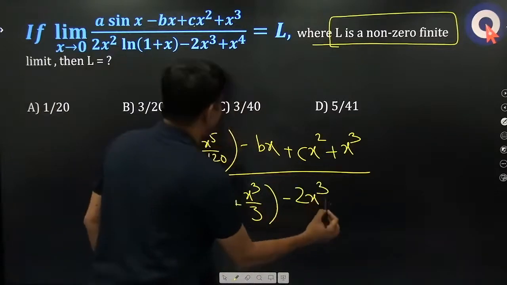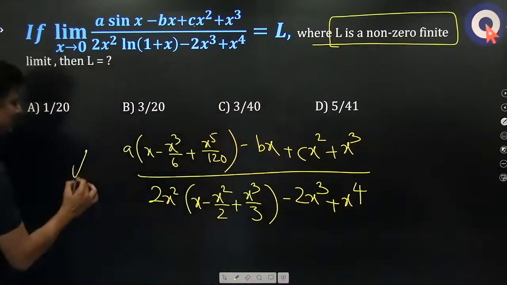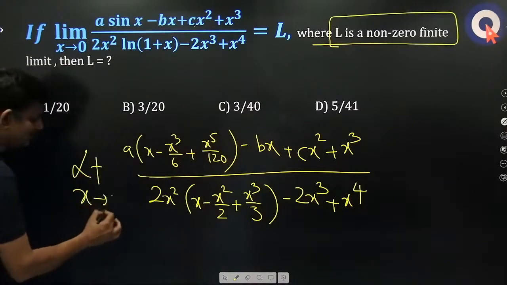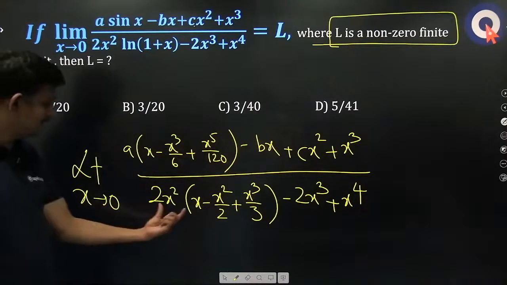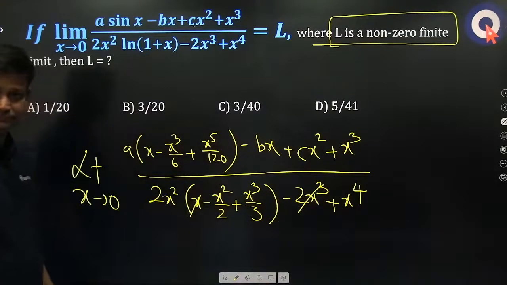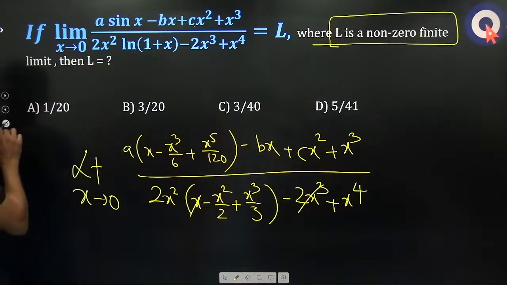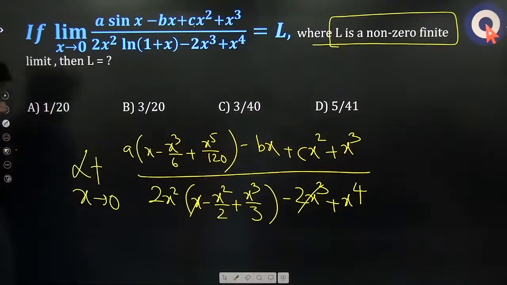Minus 2x cube plus x power 4. Where is x tending to 0? Now you can see 2x cube and 2x cube are getting cancelled. What else is getting cancelled?